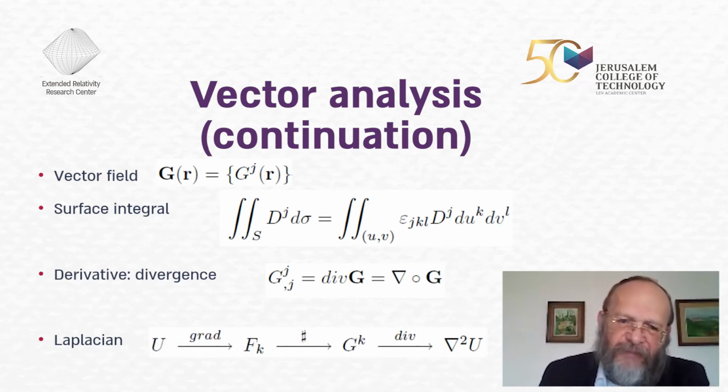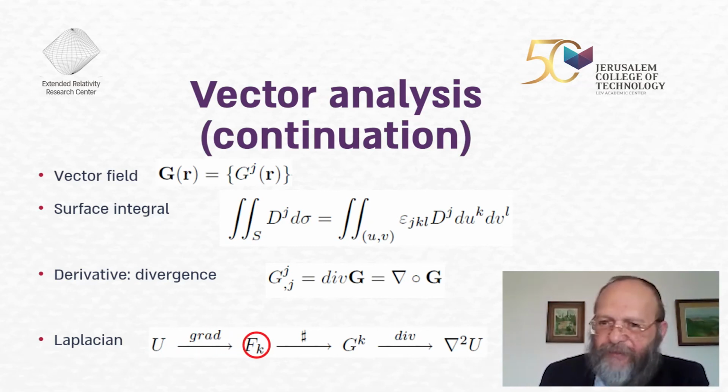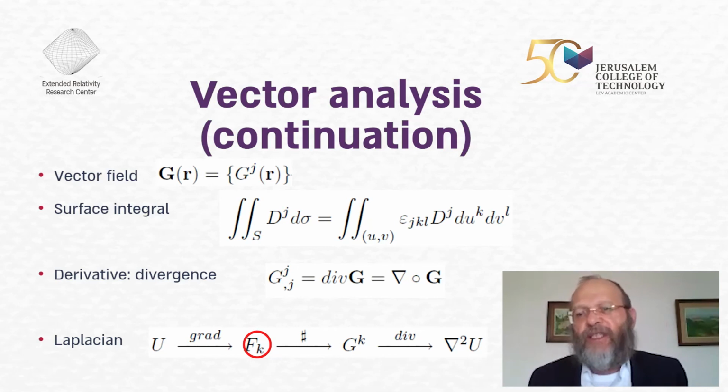this is the diagram. We start with the potential. First of all, with the potential, you take the gradient, you get a field, F, the force field. If you differentiate once more, you get 0, because twice differentiation of forms gives you 0.